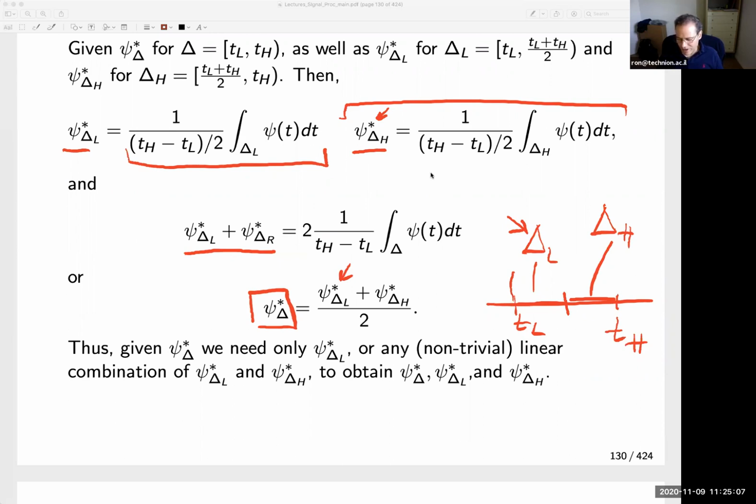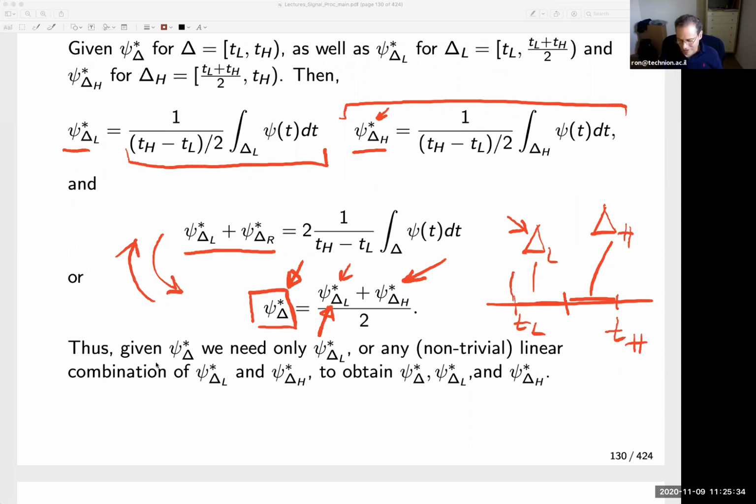But if it works in this direction, believe me, it could also work in that direction. I mean, it's enough to just have the average over the whole interval and the average over the low part of the interval in order to extract the average at the high part of the interval. Okay, is that clear? It's almost a tautology because we have exactly the same number of equations as unknowns, which is 1 and 1, so it should be obvious.